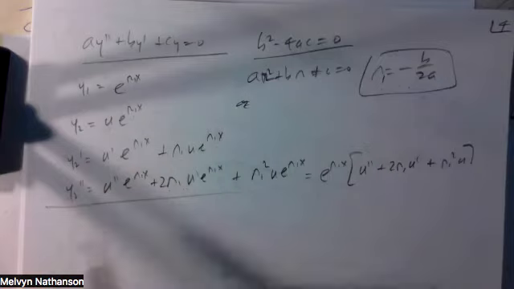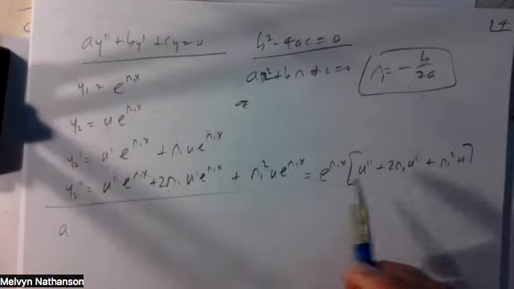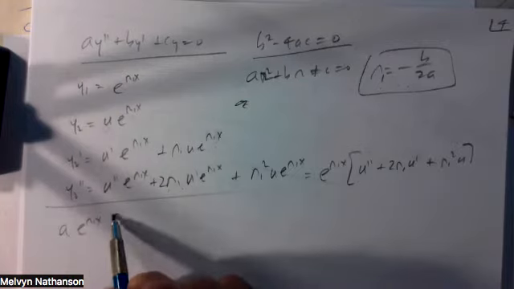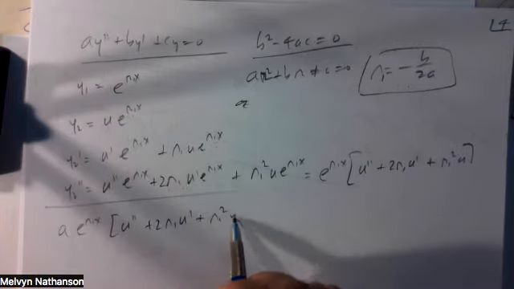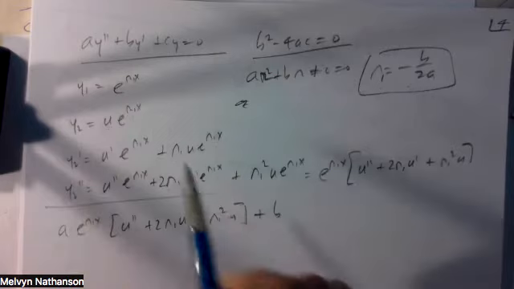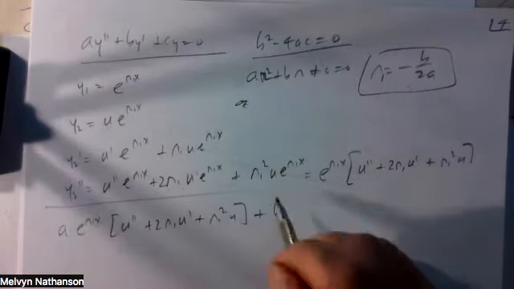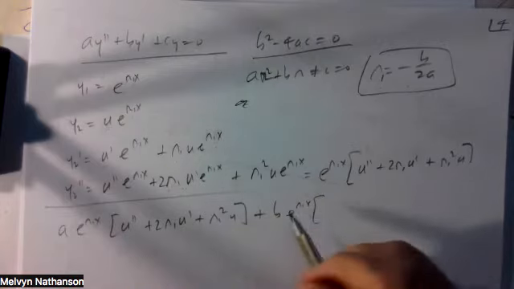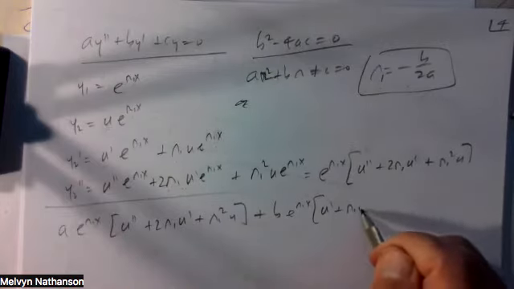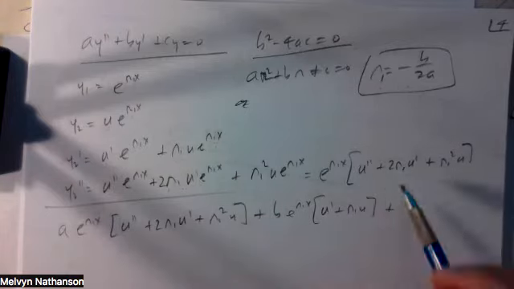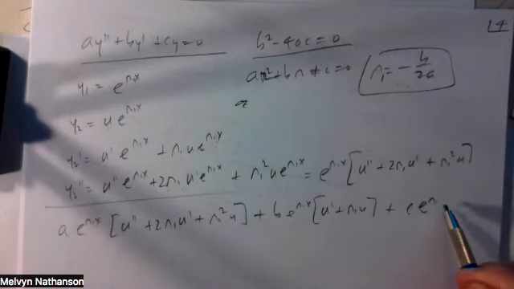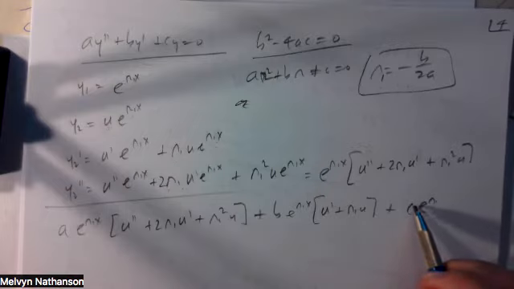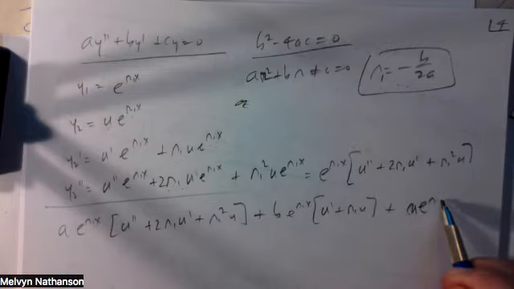So just plug everything into the equation. I get a times the second derivative plus b times the first derivative plus c times y.